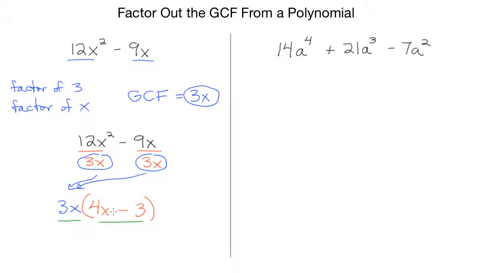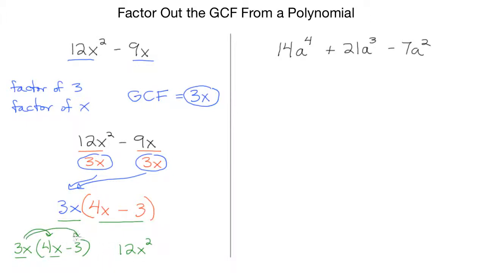And if you want to check your factoring, if you're not sure you did it right, or you're feeling a little sketchy, just multiply it back together. Use the distributive property. Does 3x multiplied by 4x minus 3 distribute back into 12x squared? So 3 times x times 4 times x, multiplying those first two terms gives me 12x squared. 3 times 4 is 12, x times x is x squared.